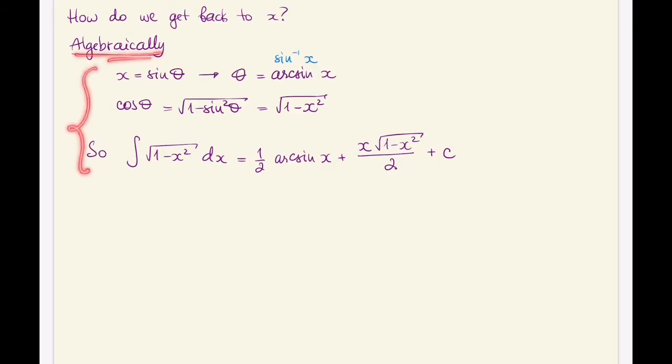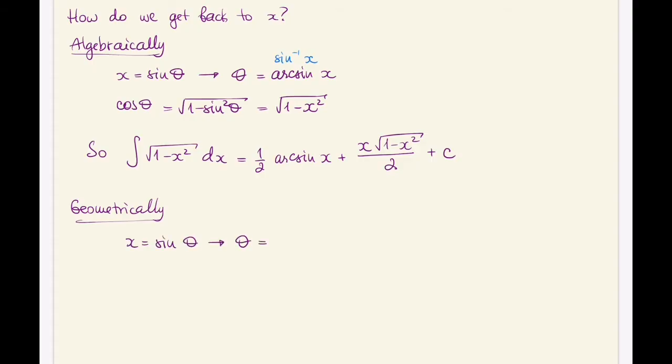So the first way is algebraically, and the second way I'm going to call geometrically. So this is using a picture. What we have to come up with here is, instead of a basic trigonometric identity, I'm actually just going to use a little triangle. Now, the first line is going to remain the same, because this is given to me by the substitution box, and there's simply nothing else I can use.